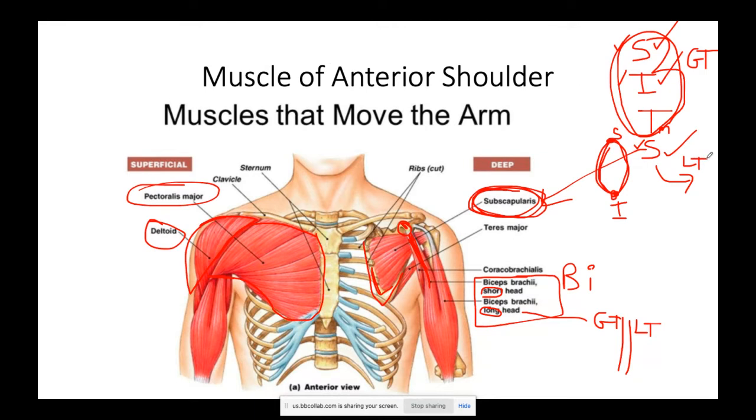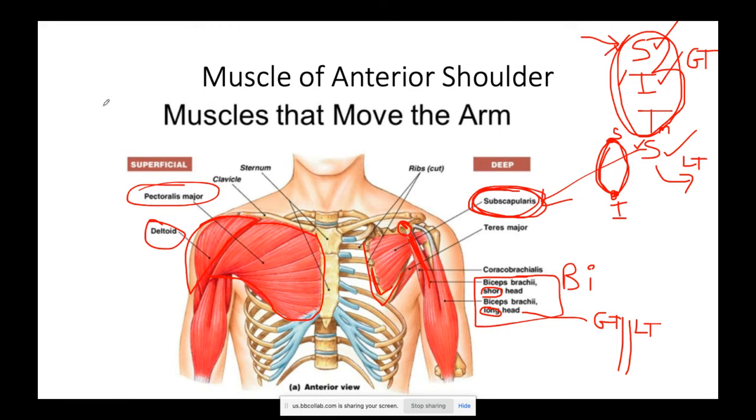And all of the rotator cuff muscles are going to rotate, except for the supraspinatus. That one does not rotate the humerus at all. It really is designed to initiate shoulder abduction. And it's known that maybe the first 10 to 15 degrees of shoulder abduction is created by the supraspinatus.